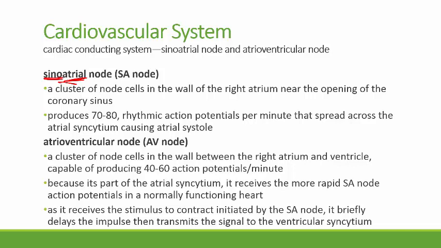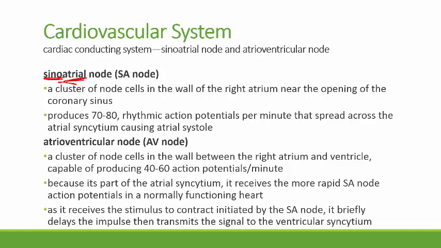But because they are connected within the atrial syncytium, they receive the faster action potentials being spread from the SA node, and they generally don't have a chance to create their own rhythm.